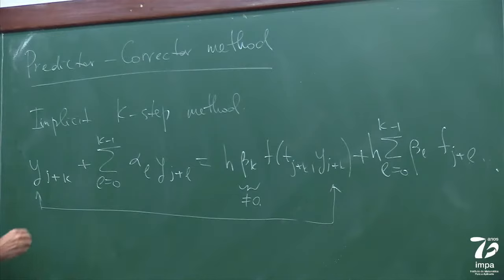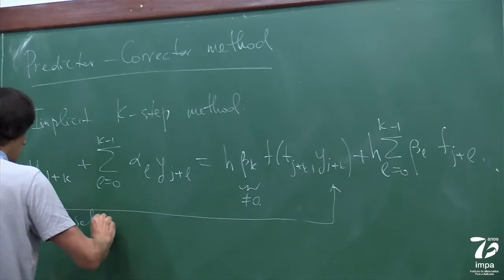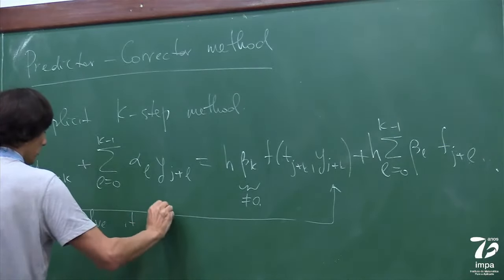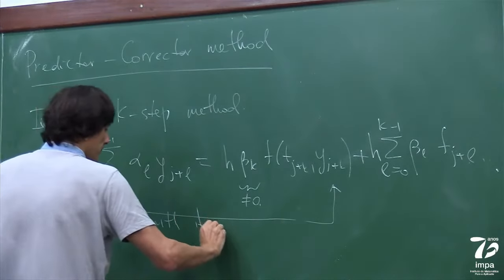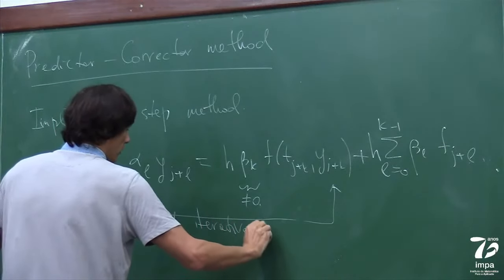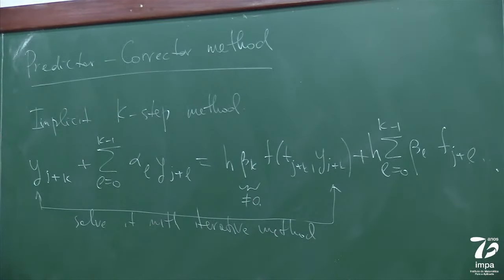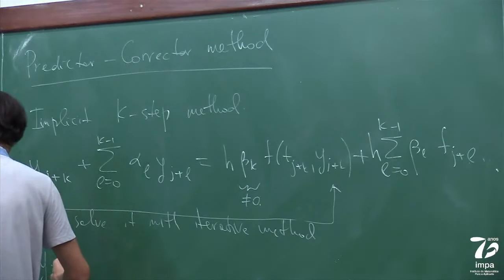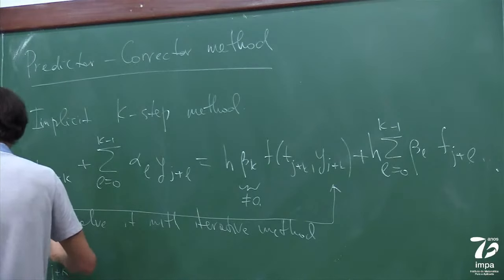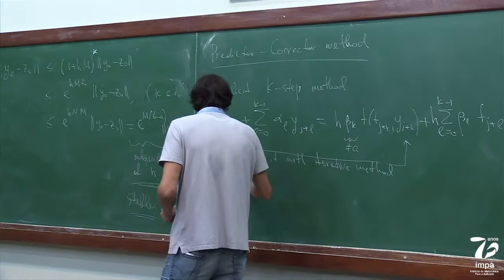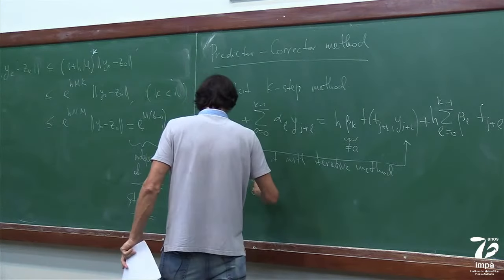So we can solve it with an iterative method. Remember, this is a non-linear equation. We have an iterative method for how to solve it. So the way to solve is to take an initial guess. A good initial guess is just the previous step.